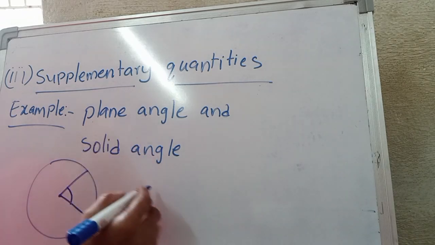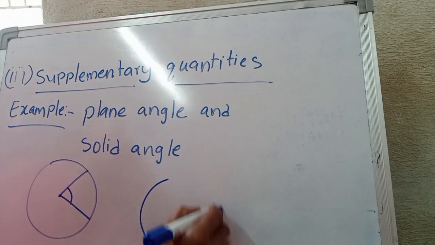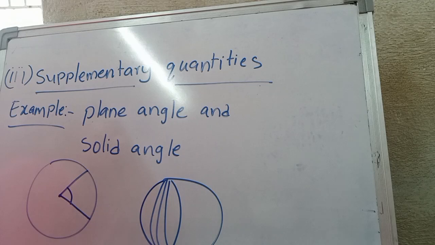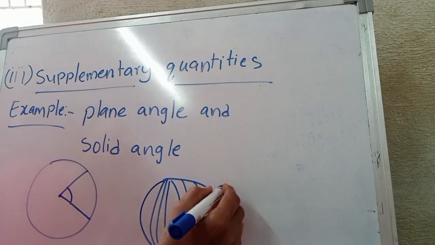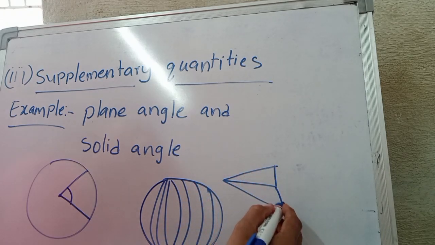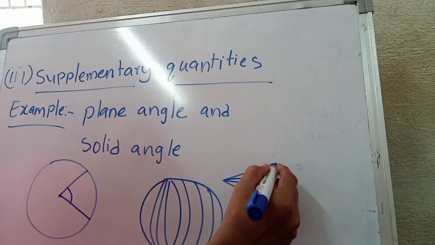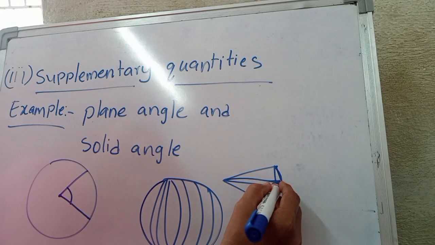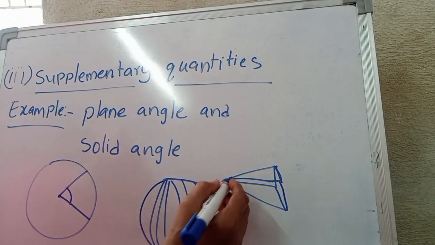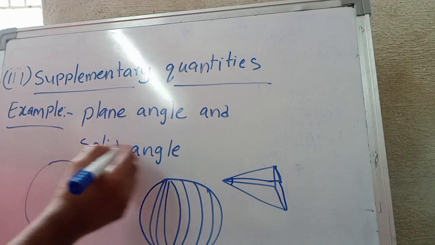And the solid angle: if you take a sphere or any 3D object, an angle from the 3D object, which means the object looking like this. So this is the example of solid angle.